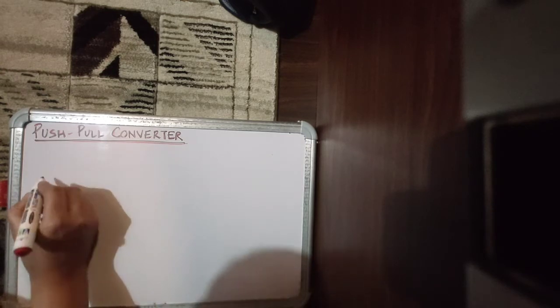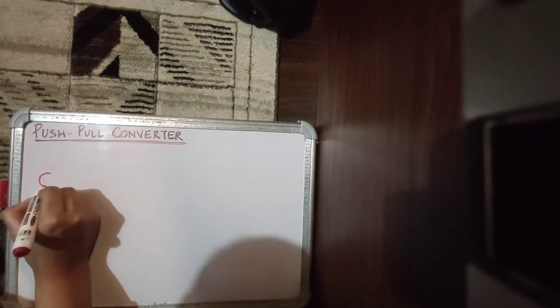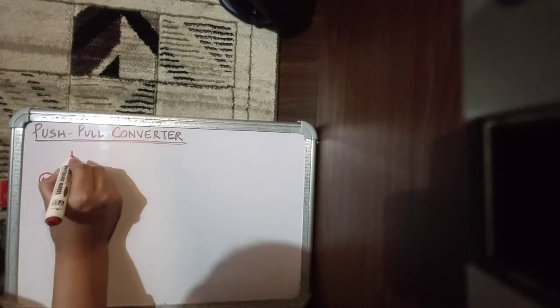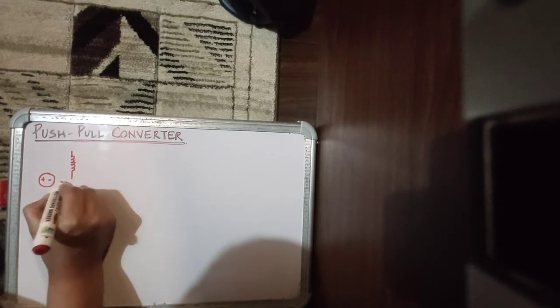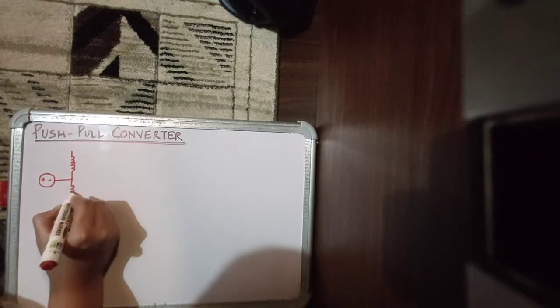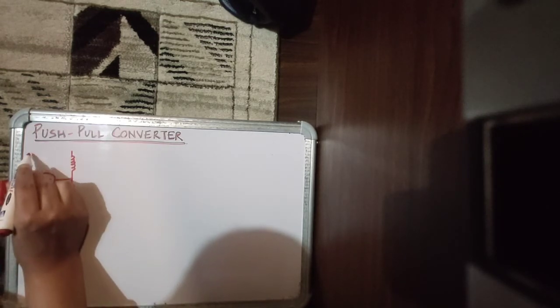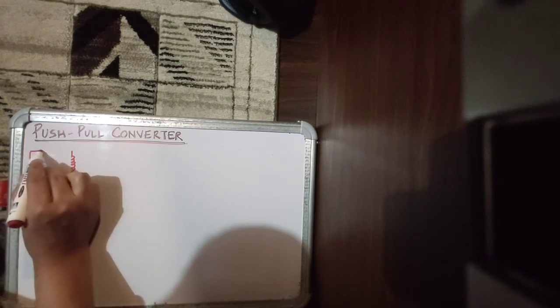So let's quickly move to the circuit. We basically have a DC source, and we have two primary windings that are excited by this DC source through two switches.